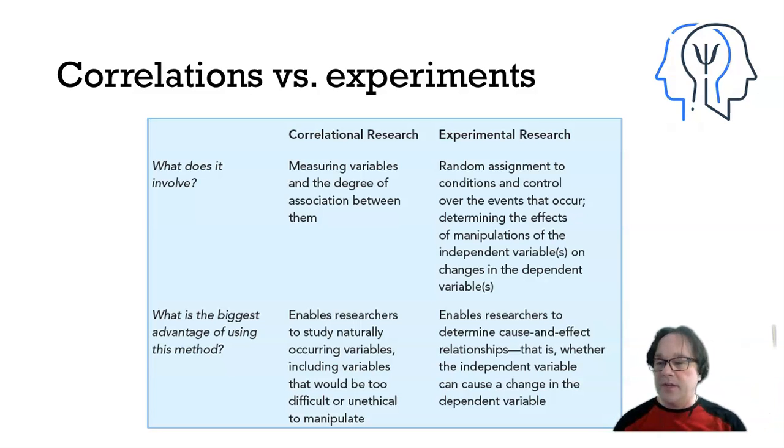Or another way of putting it is, when I make changes to this variable, I will see changes in that variable. This causes that. That's pretty profound. That's actually what makes experiments kind of cool, right? It's like we're able to make these types of causal statements. So pretty neat, right?